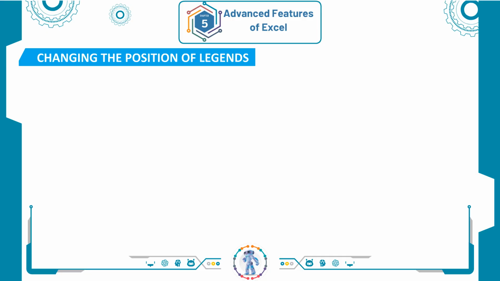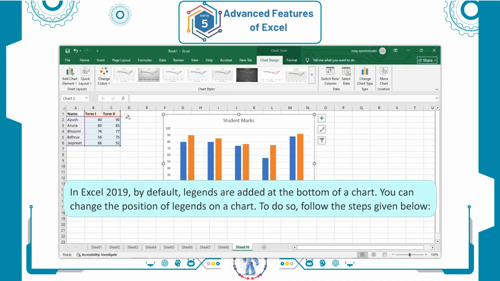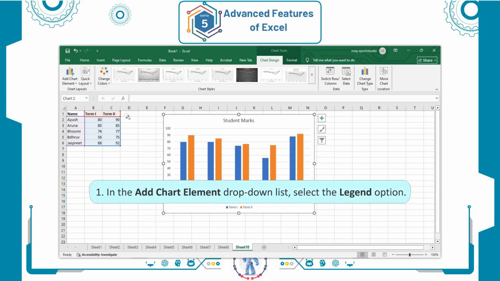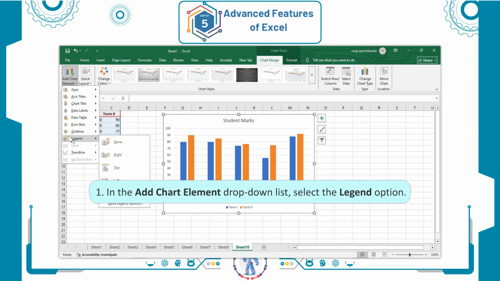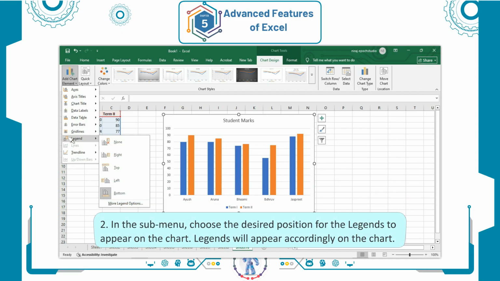Changing the position of legends. In Excel 2019, by default, legends are added at the bottom of a chart. You can change the position of legends on a chart. To do so, follow the steps given below. 1. In the Add Chart Element drop-down list, select the Legend option. 2.